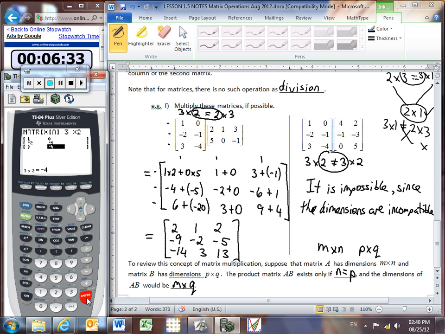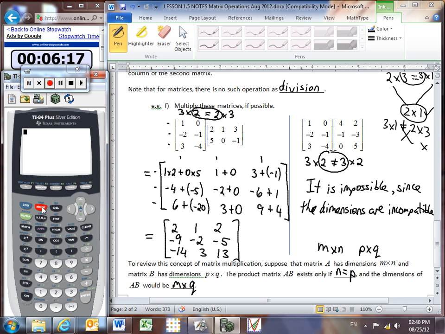And make sure you press enter after you've put in the last entry, so that it has been actually recorded. Now our matrix has been entered. Let's quit. Quit is up here above mode, so second mode to quit. We go back to the regular screen.